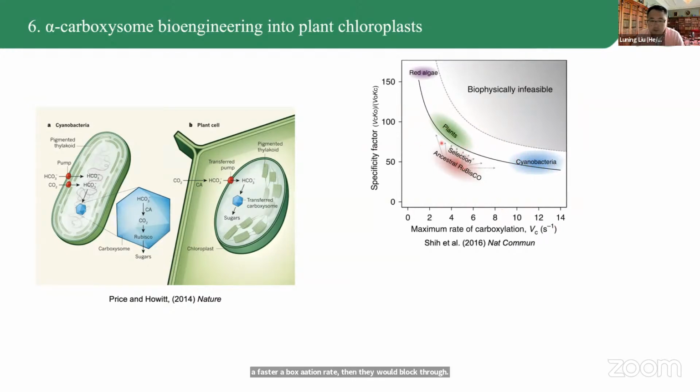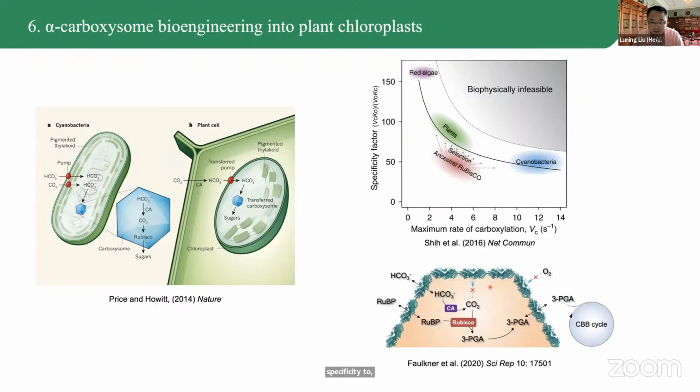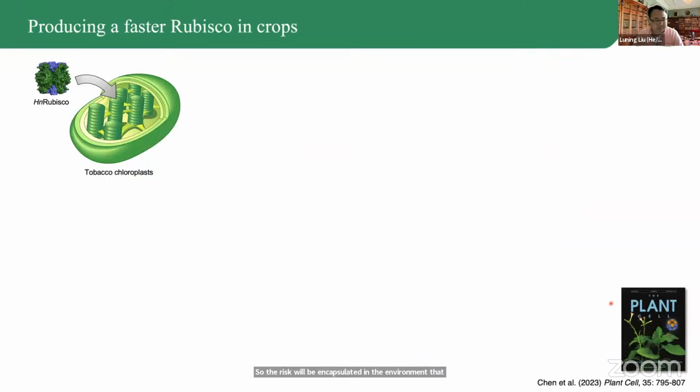On the other hand, it has a lower specificity for CO2 than oxygen, but this can be complemented by the shell encapsulation. So the Rubisco can be encapsulated in an environment that has high CO2 to improve the carboxylation.